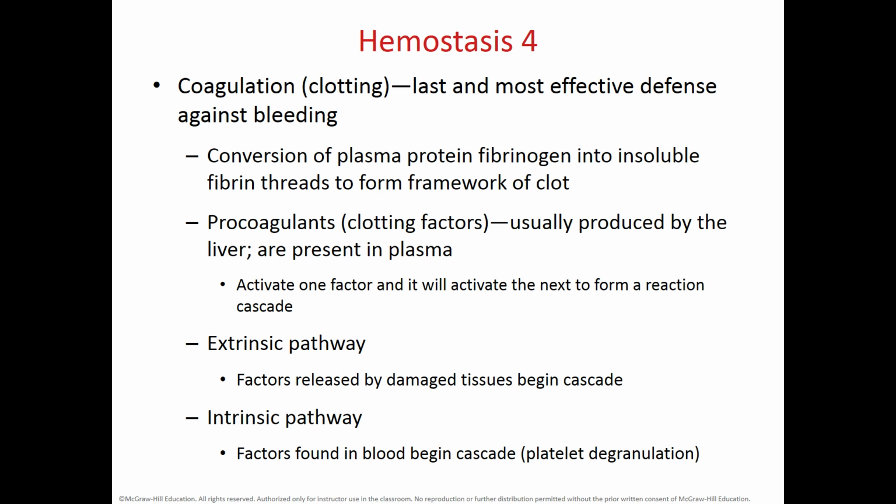These fibrin threads are going to form a net or a framework, and then you have the activation of clotting factors or procoagulants that are produced by the liver but are present in the plasma, and then you activate a cascade. You have an extrinsic pathway and intrinsic pathway that ultimately will merge, and then they will form this important mechanism that will form the blood clot in a stronger way to prevent bleeding.